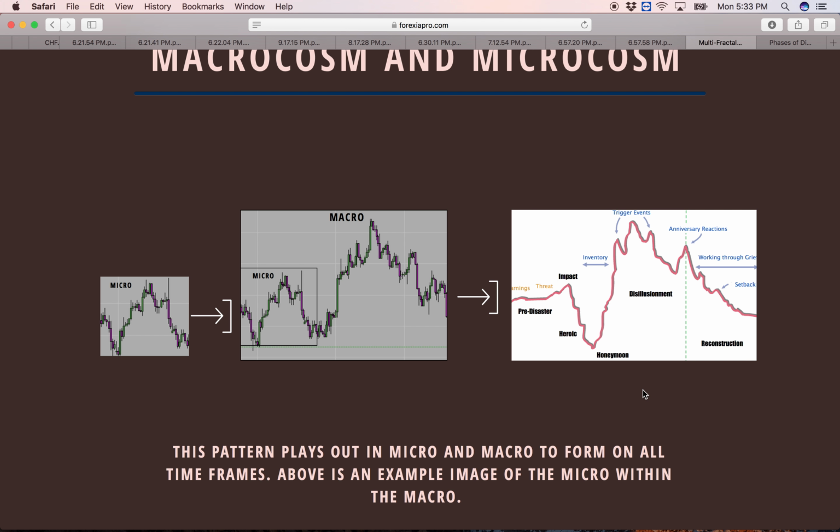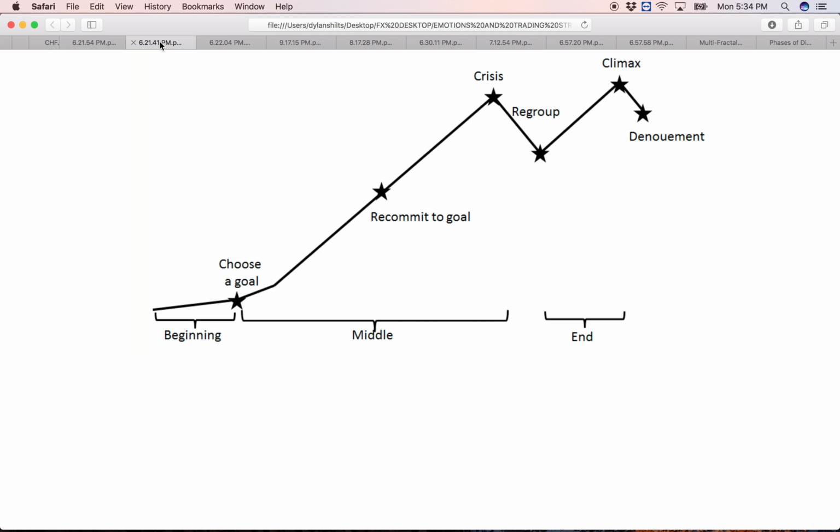Because believe it or not, every single time that you read a book, every single time that you watch a movie, every time you watch a TV episode, or read a newspaper article, anything like that, this is all the same structure, you guys, and I'll prove it here.